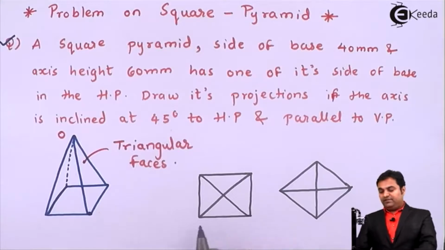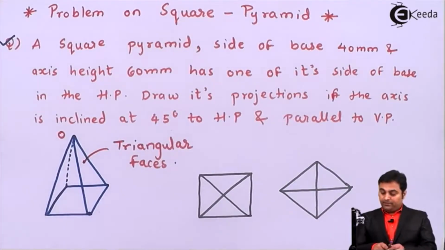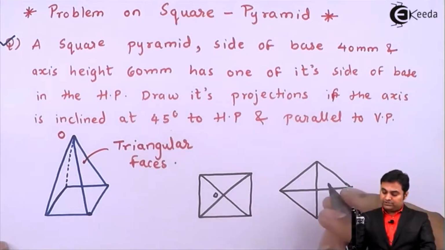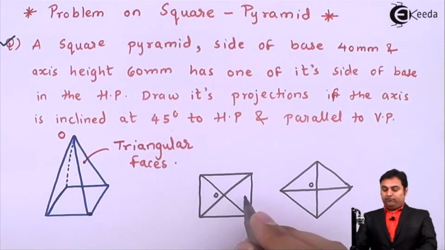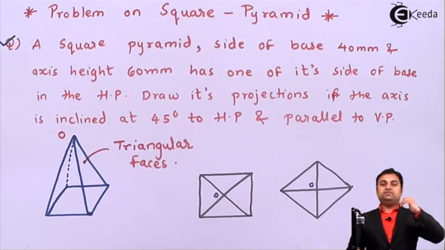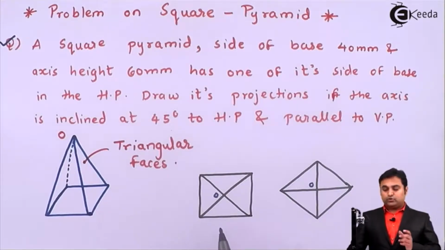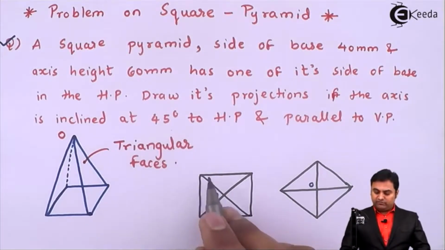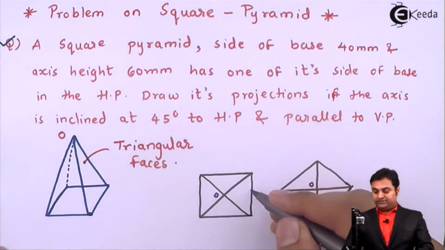Now, these are the two conditions for the square pyramid. It means here is point O, which is the vertex. And these are the four triangular faces as they would be looking from the top. Now, here the square pyramid can be kept in this way, which is the first condition. This condition is that the square pyramid is resting on its edge.